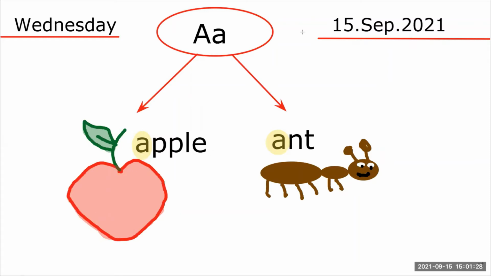Now let's clear everything on the board and try to write the letters A, capital and small. We'll start by preparing the lines. We can use the blue color to create two parallel blue lines. So this is the first line. This is the second line.